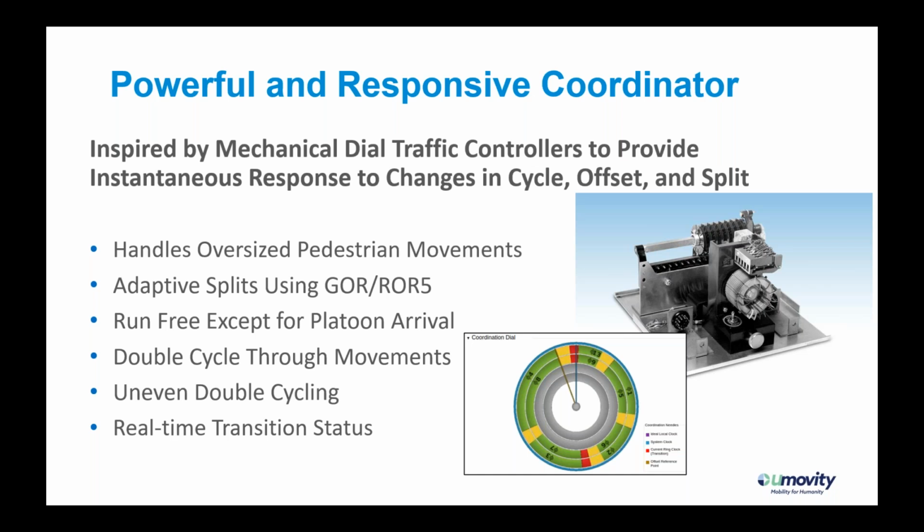There's actually an adaptive split tuning capability right in the software, so you don't actually need to communicate to a server. It can be totally offline, and the EOS software will process local detector information at the stop bar and apply proven research from Purdue and Iowa State related to a green occupancy ratio and red occupancy ratio during that first 5 seconds, and balance out the utilization of each split using those metrics.